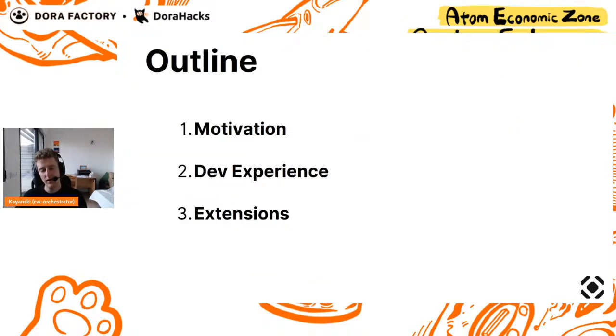Let's go a bit deeper now with more motivation on why CosmWasm is so difficult to interact with today, and how Orchestrator improves the developer experience. At the end of this presentation we'll talk about the other extensions we have brought to Orchestrator that make it a one go-to tool.